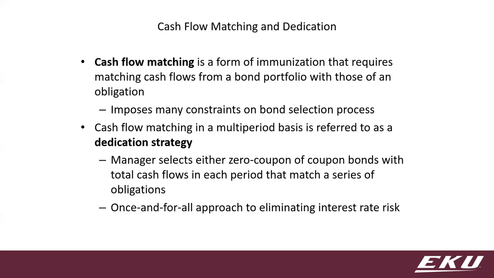Okay. Another thing is cash flow matching. And so this is obviously where you're trying to have bonds paying you at appropriate times for you to then pay cash out as needed to cover your obligations. It's a challenge because, again, you can't always find a bond that matches exactly what you need.